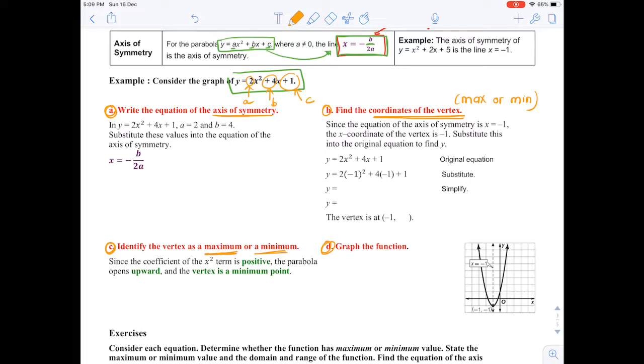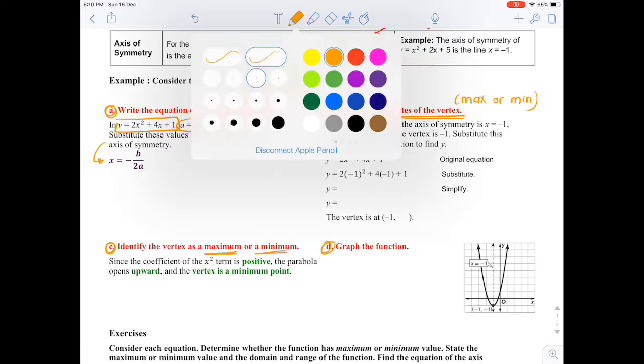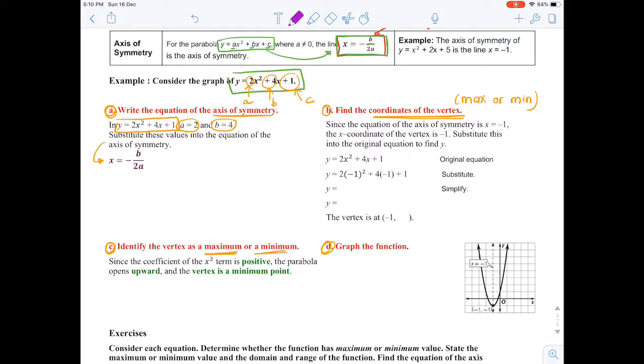So let's begin. If this is the equation and somebody is asking me to find the axis of symmetry, I need to substitute the value for a and the value for b into the equation that I just learnt. So x is equal to negative b over 2a. On the next line beneath that, I'm going to substitute.